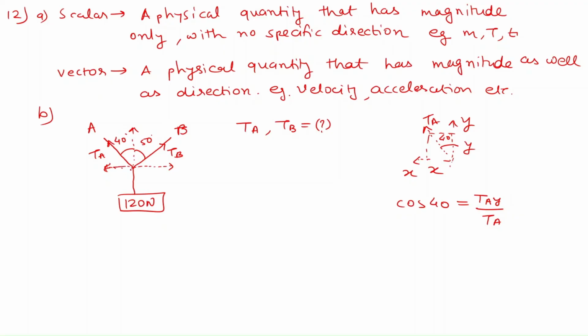By saying this is the opposite direction, and the whole system is in equilibrium, that means these components, let's say TAX and TBX, are equal. Means we can write TAX is equal to TBX. Now let me erase these things.